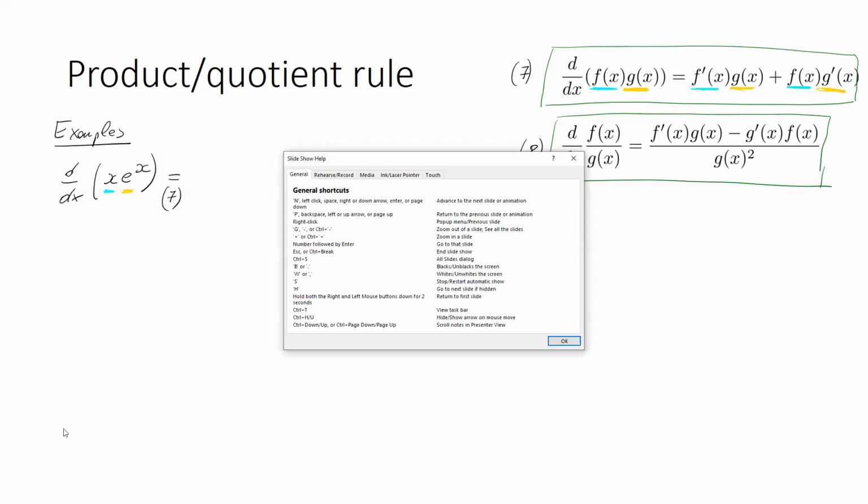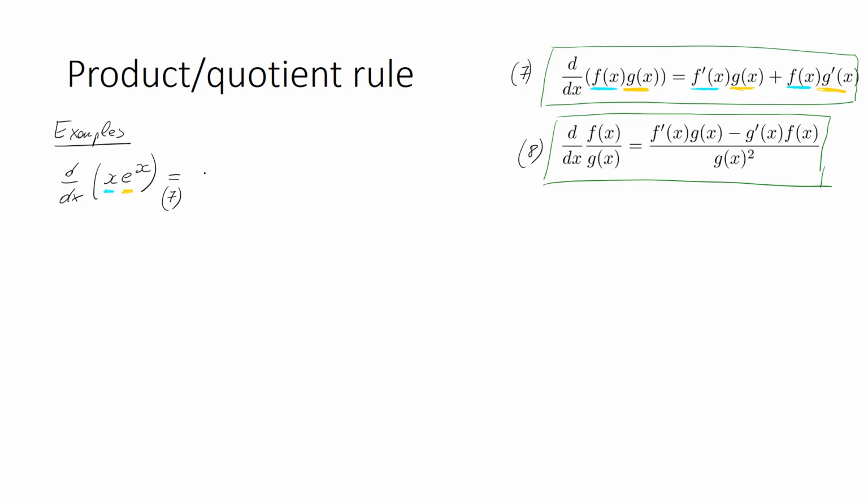And then what we get for the worked out solution is we first take the derivative of f, the blue thing, times the yellow thing, that's our g, plus the blue thing times the derivative of the yellow thing. Derivative of the blue thing times the yellow thing, blue thing times the derivative of the yellow thing.